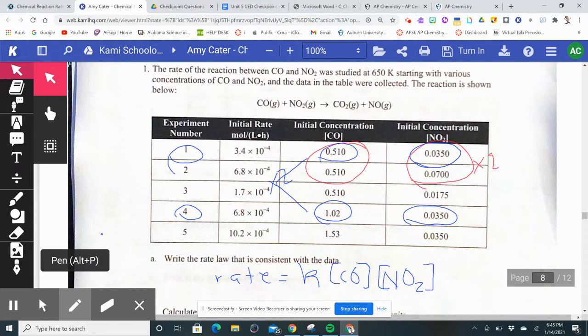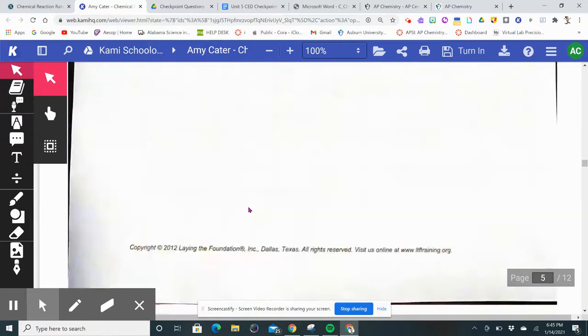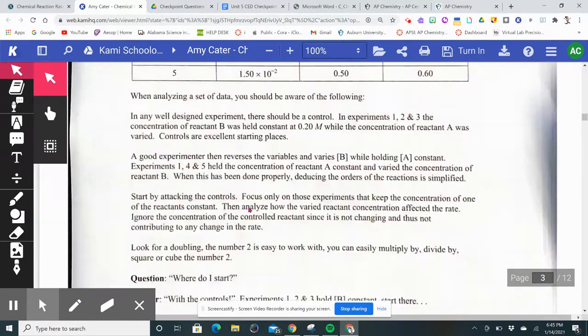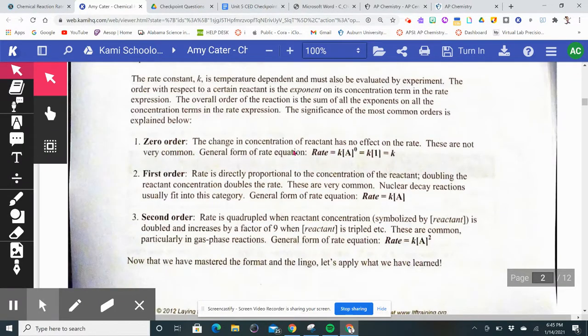Zero order, if you go back up and look at your definitions, you'll see that. Let's see, where's our... All right, so right here, zero order means that there's no effect on the rate at all. First order means it's directly proportional to the concentration.